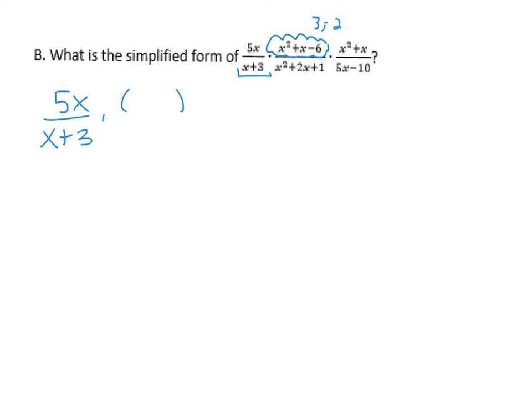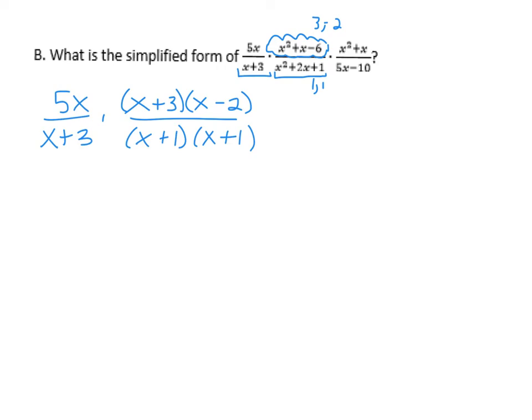Therefore, we could split apart the x squared into x times x, and then positive 3, negative 2. In the denominator, what are two numbers that multiply to get 1? We don't really have a lot of options there. Two numbers that multiply to get 1 but add to get 2 would just be 1 and 1. We'll write x plus 1 over x plus 1.